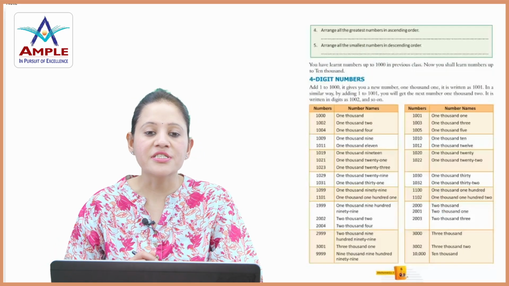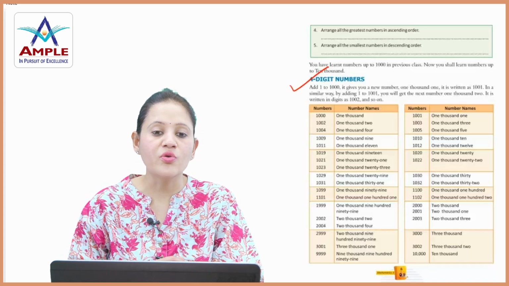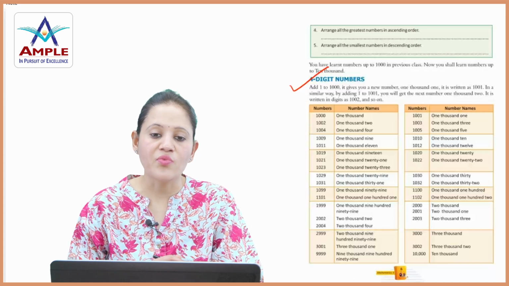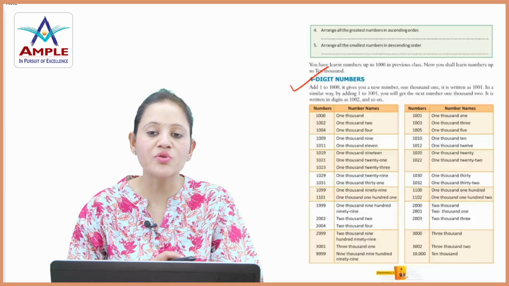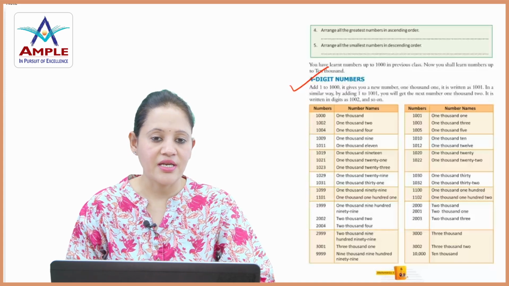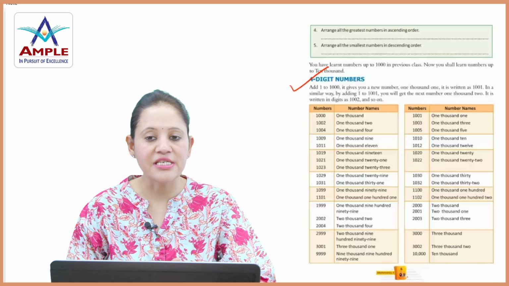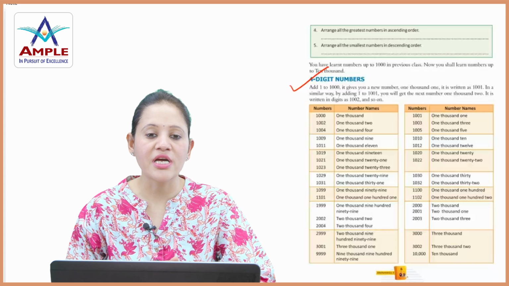Next, 4-digit numbers. Add 1 to 1000, it gives you a new number, 1001. In a similar way, if we add 1 to 1001, it will give you the next number, that is 1002, and so on.